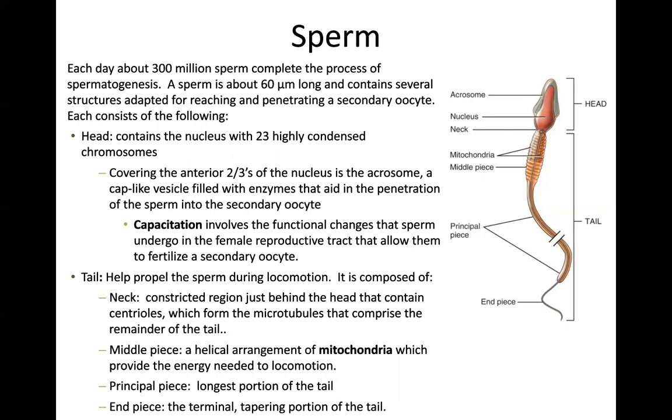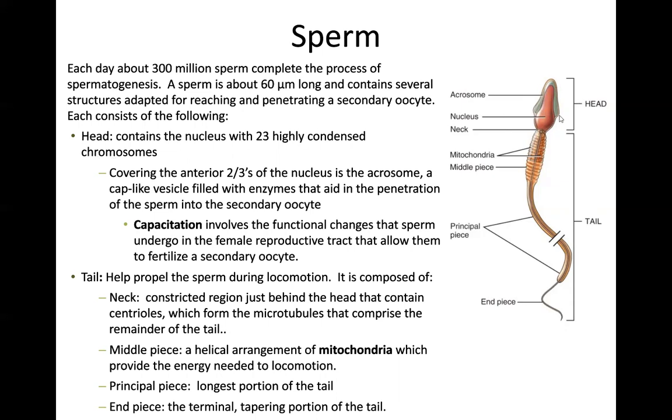Size-wise, they're about 60 microns in length, containing several structures adapted for reaching and penetrating a secondary oocyte, which is the egg cell that we'll learn about here in a little bit. Each sperm consists of kind of two major regions, the head and the tail. The head is important because that's where you find the nucleus, which is where the 23 highly condensed chromosomes are.